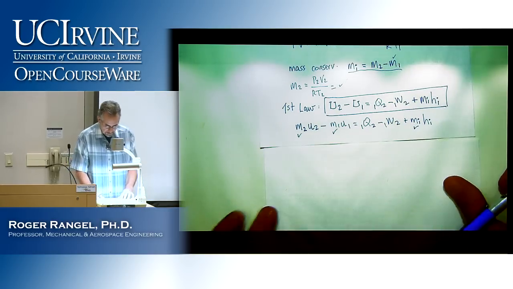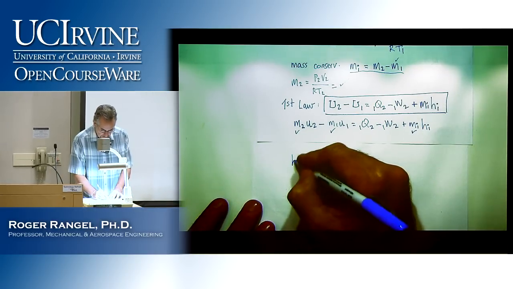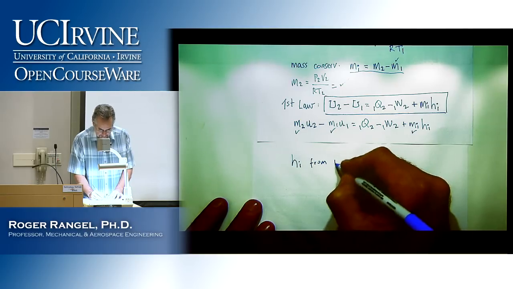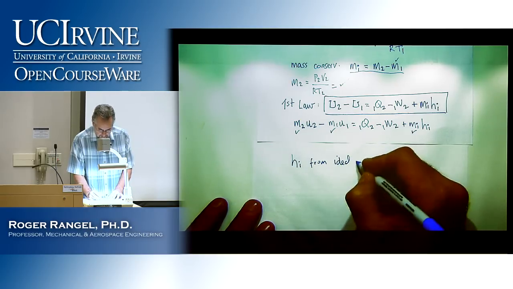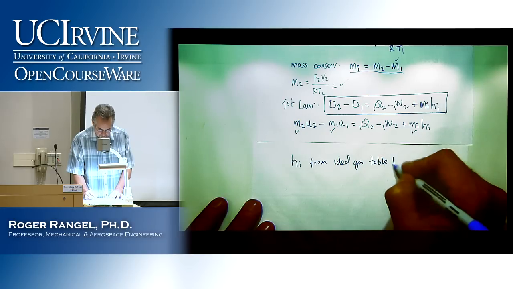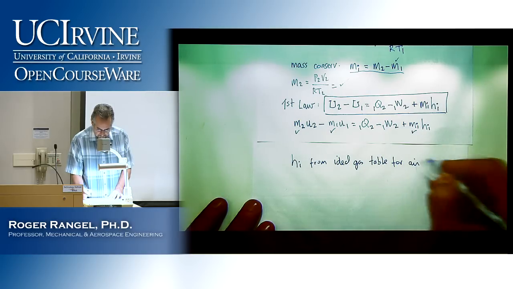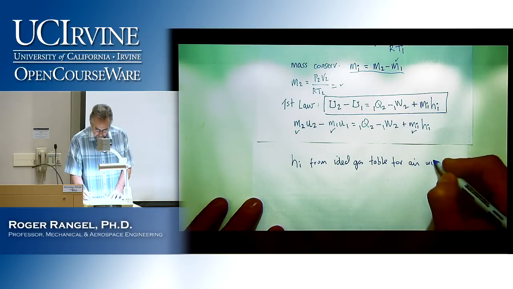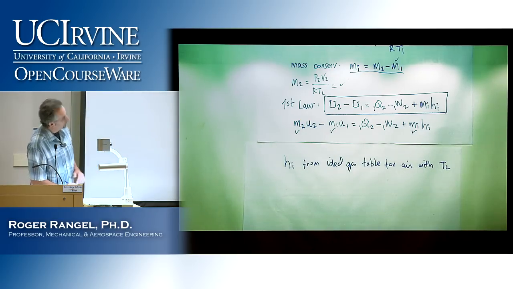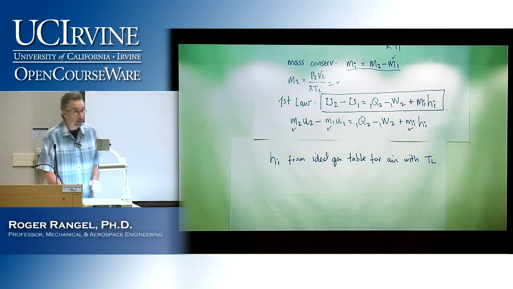So let's do HI from the ideal gas table for air, right? And you read it with TL, the temperature of the line, because that's your enthalpy at the inlet.